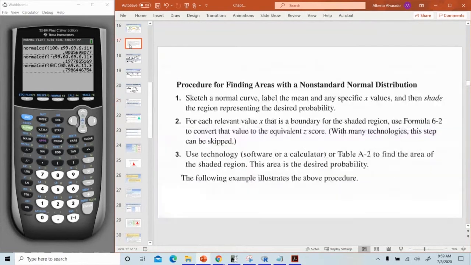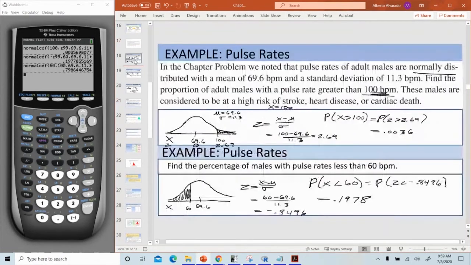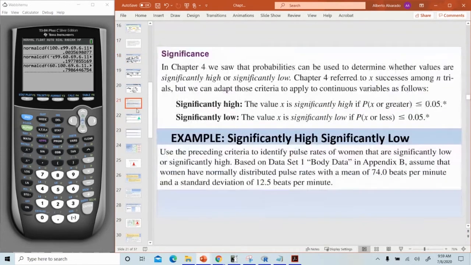So now, before we were doing males, right, so this is one about females. Okay, so we need the cutoffs, in other words. So for significantly high, we need these two values.